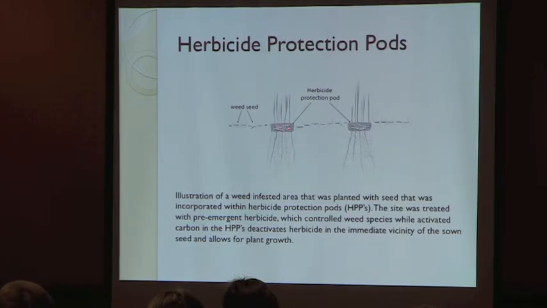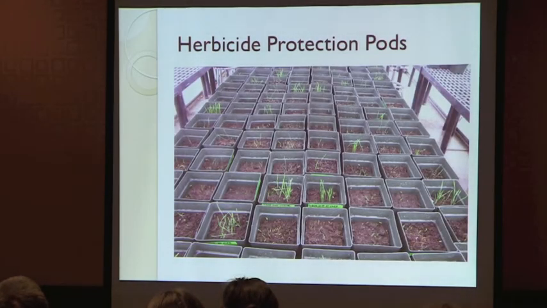They're little agglomerated seeds in a little block of AC, among other things. The idea is that we can go out and broadcast seed, and then they'll be protected from pre-emergent herbicides and grow nicely. So we did a greenhouse study in tandem with Matt here.